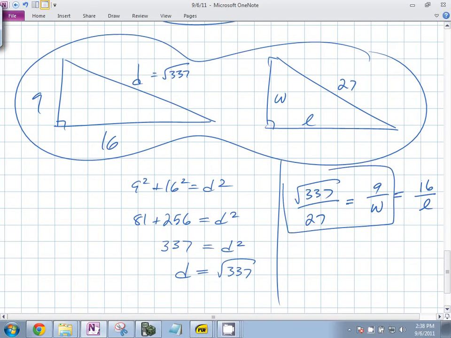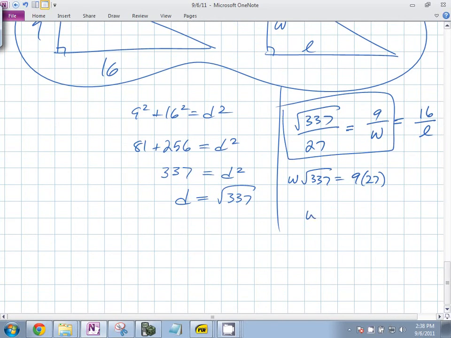So if we do that, what do you end up with? Yeah, W root 337 equals 9 times 27. So W equals 9 times 27 over root 337. How do you do that? Cross multiply. We just did the same. You just told us how to do it.